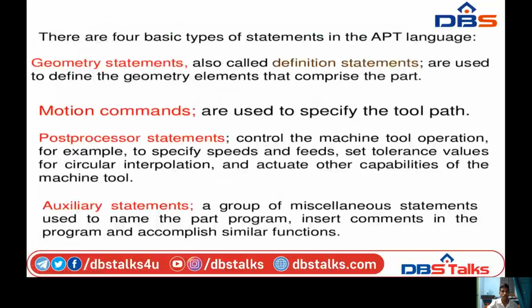Motion commands are used to specify the movement of the tool path. Post-processor statements cover speed and feed, spindle speeds and feeds. Auxiliary statements are miscellaneous other statements. Insertion commands in the program accomplish similar functions.